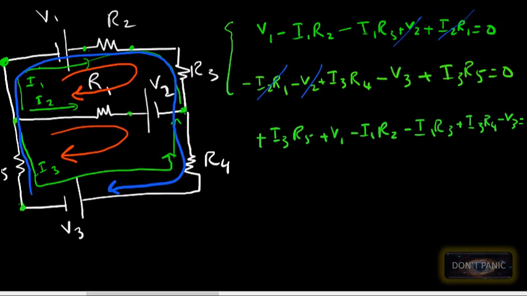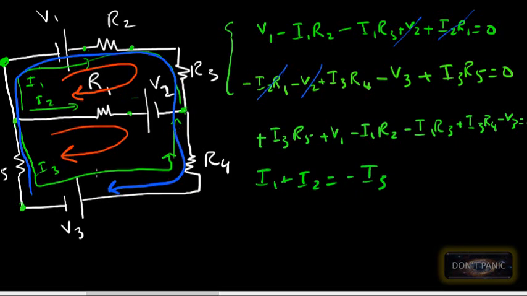Okay, then the third equation you need is the current equation. There are many ways to do it. So basically what's happening is I1 is coming here, I2 is coming here. So you can say that I1 plus I2 is equal to negative I3. Okay, so you're saying that I1 and I2 end up becoming I3.